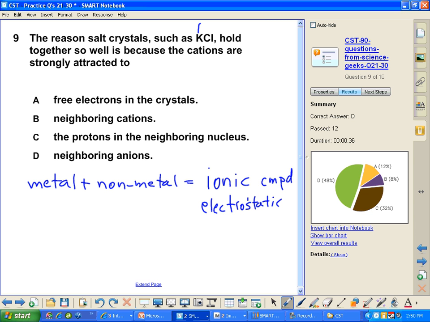So there's the cat, he's attracted to the an. And the cations, you can remember with a little kitty cat with a plus on him, okay? That's the only way I can keep them separated in my mind. I still have a problem with it. Okay, so electrostatic, ionic compounds, metals with nonmetals, all those guys are together.